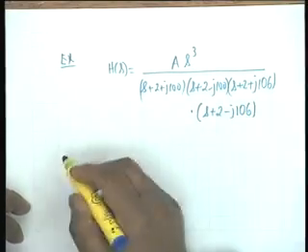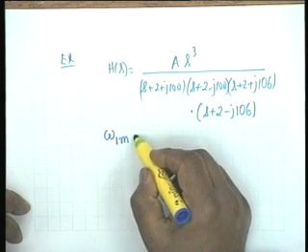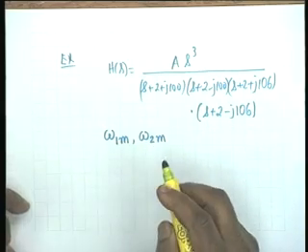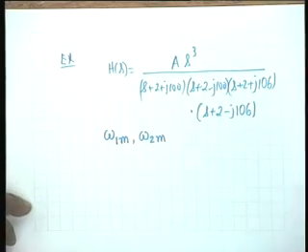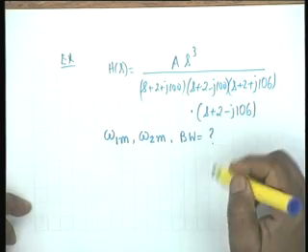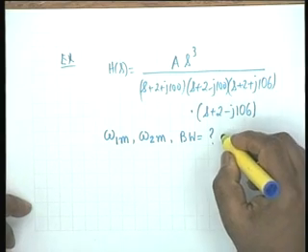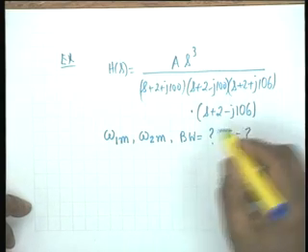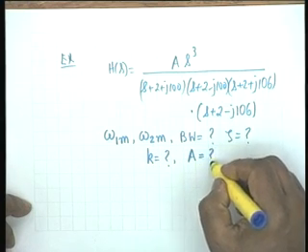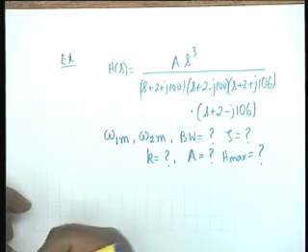This was the transfer function, and we wanted to find out the frequencies of maxima, omega 1m and omega 2m, where the transfer function attains a maximum value. We wanted to find out the bandwidth. For bandwidth we have to find out omega c2 and omega c1, then zeta, k the coefficient of coupling, the constant A, and the maximum value of the response. These are the things to be found out.